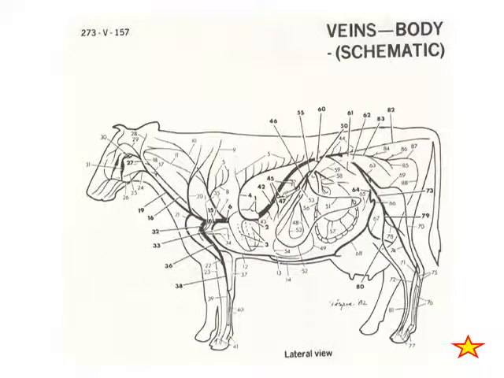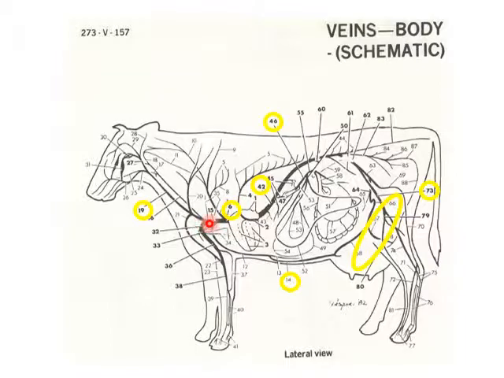So veins. Again, we have a lateral view of the cow. Now, the one we had previously was artery. This is veins. So what are we doing here? If we again do them in alphabet or numeric order, we're going to start with the cranial vena cava.